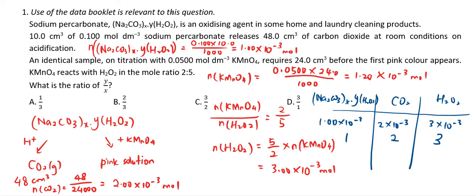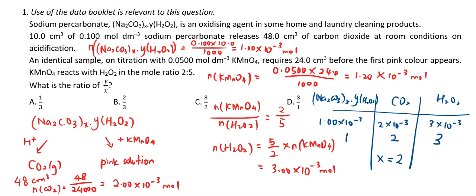That means I have 2 sodium carbonate in 1 molecule of sodium percarbonate. So this tells me that X is equal to 2. Because carbon dioxide can only be released from sodium carbonate.